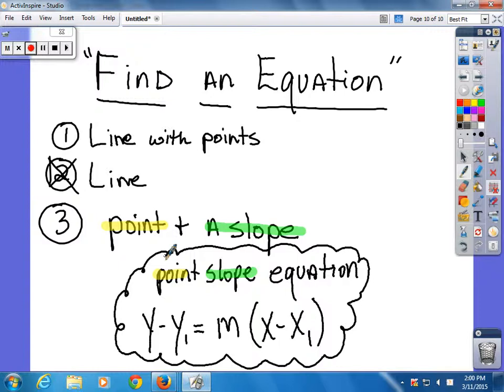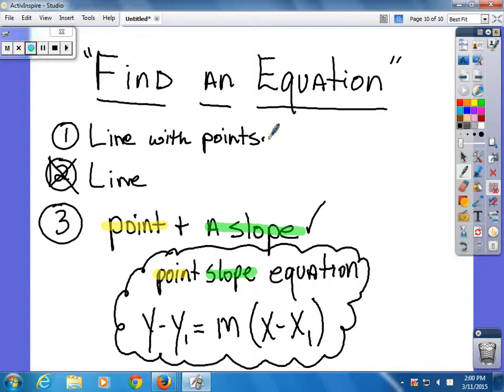Y sub 2 minus y sub 1 over x sub 2 minus x sub 1. Which of these will you see the most of? This one. Given a point and a slope. I'm going to show this one last because it's the easiest, when you're given a point and slope.